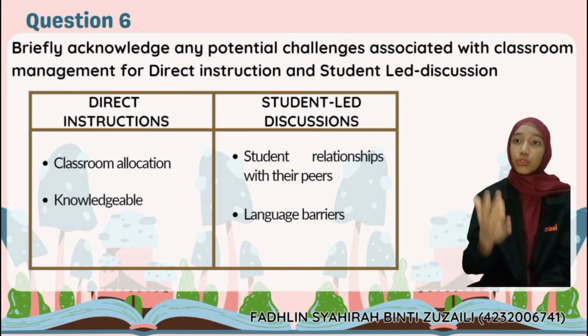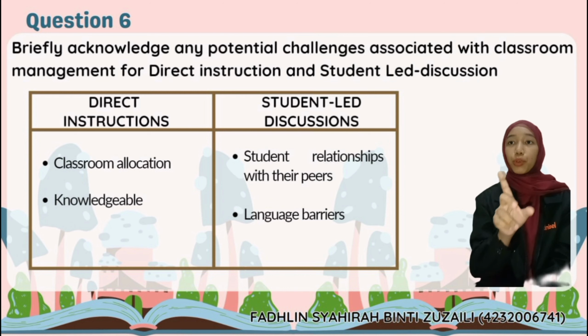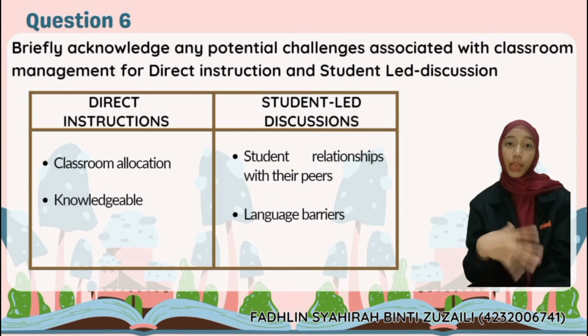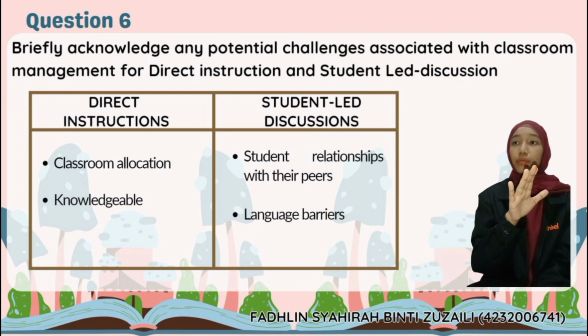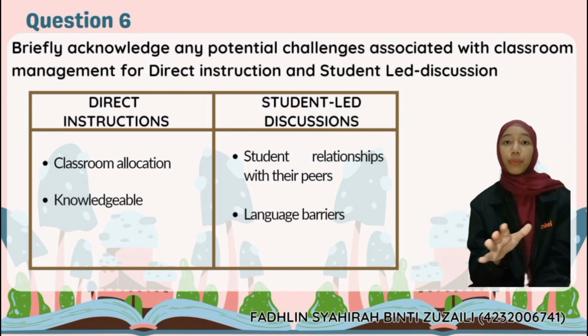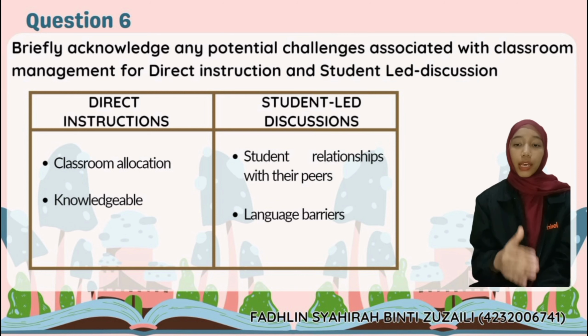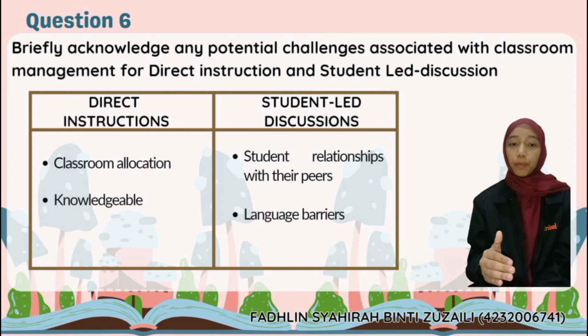And the next one is student-led discussions. The first potential challenge is that some students have bad relationships with their peers, with their friends. So this can influence a bad environment of learning in the classroom.